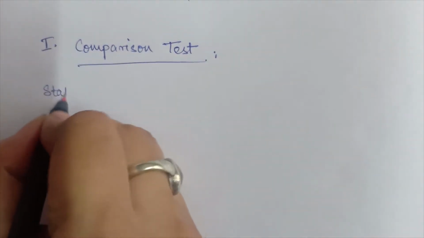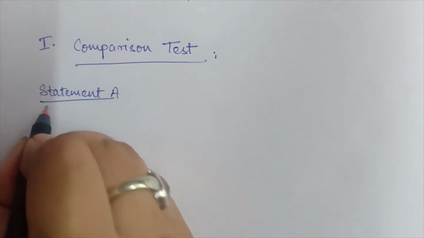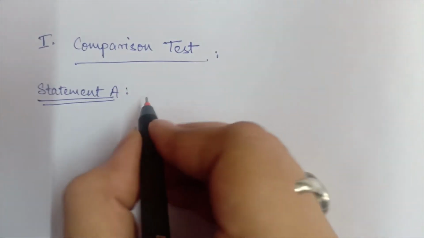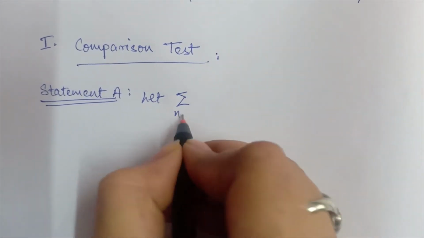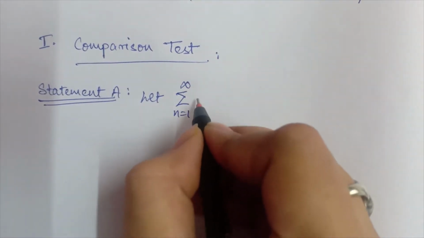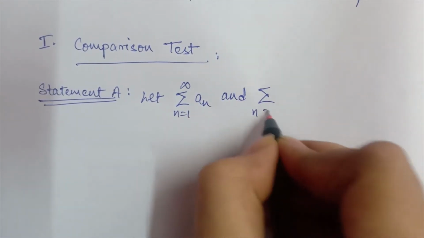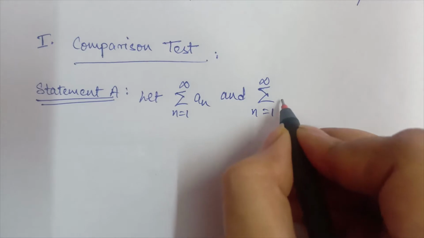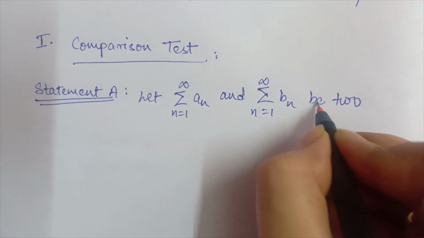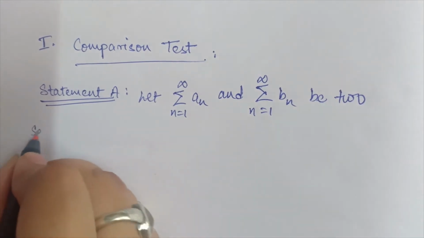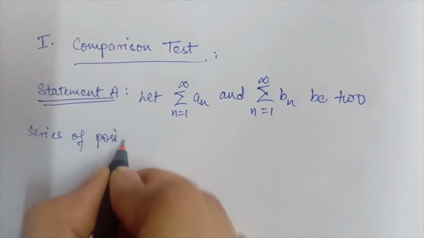Statement A. This says, let summation n equals to 1 to infinity an and summation n equals to 1 to infinity bn be two series of positive terms.